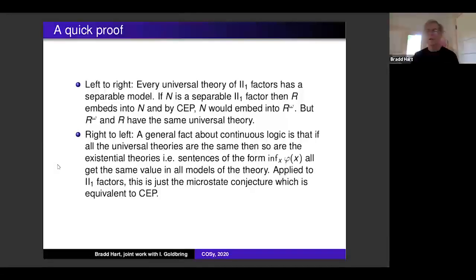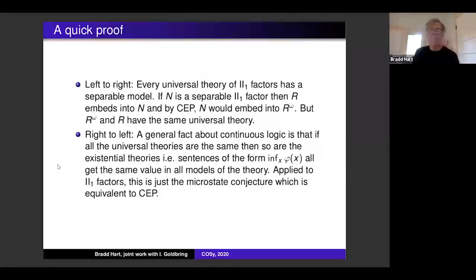You can approximate any finite amount of quantifier-free information, to within any epsilon you want, that is holding in some II_1 factor, you can approximate it in R. And that the microstate conjecture is equivalent to CEP is well known. Okay, so the interest in the universal theory of R is because it tells you something about CEP. And as I say, that was something which was known and has been percolating in the background for a while.